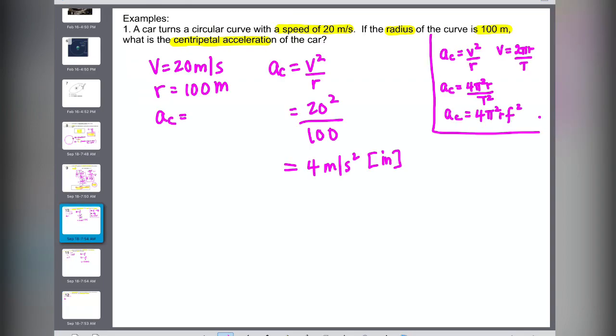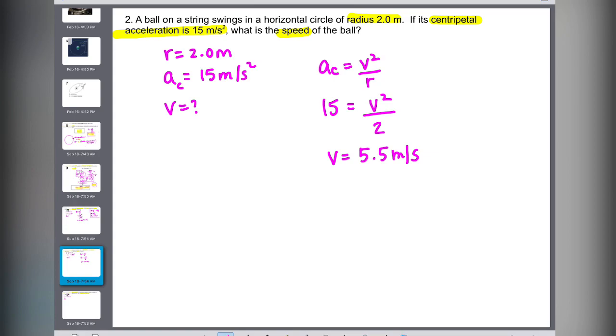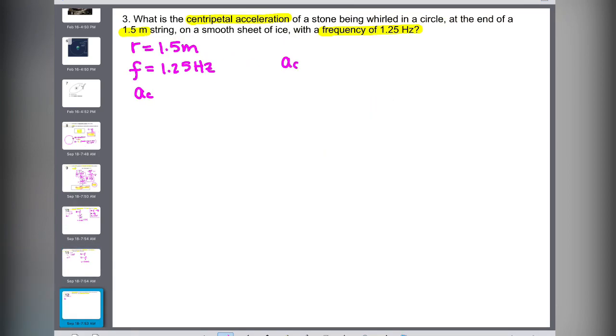Hertz means inverse of a second. And they want a_c. So go back to all these equations. Do you see how if there's a frequency, I use the last equation? So a_c is equal to 4 pi squared r f squared.